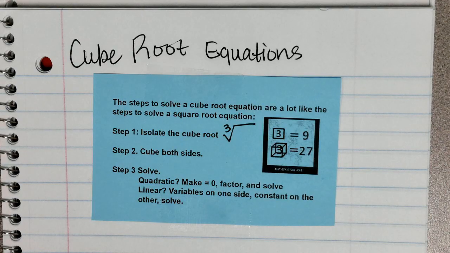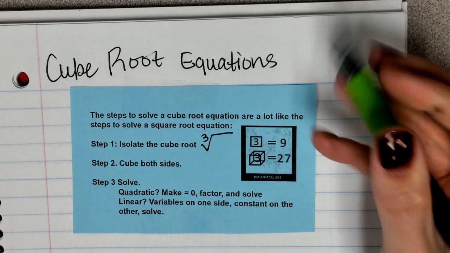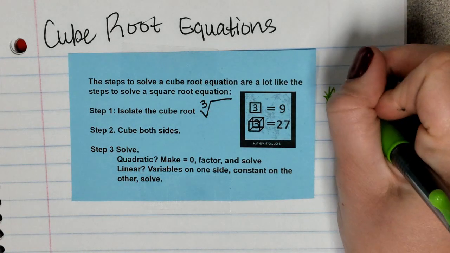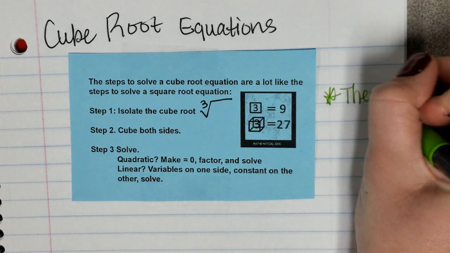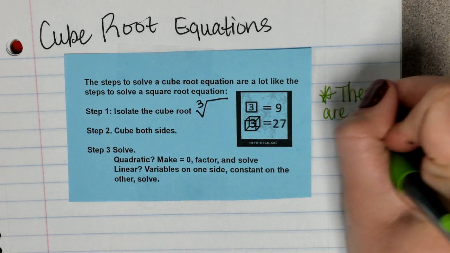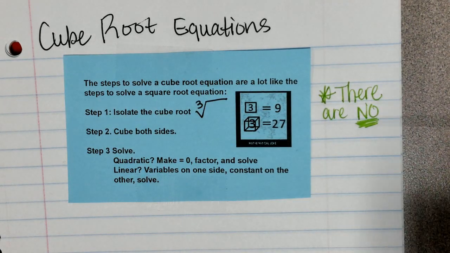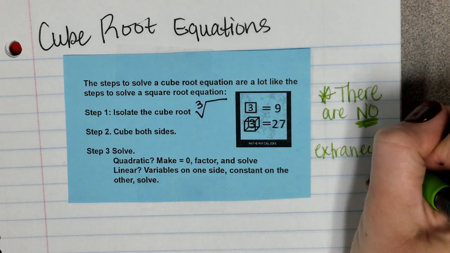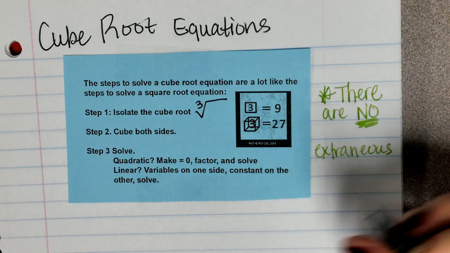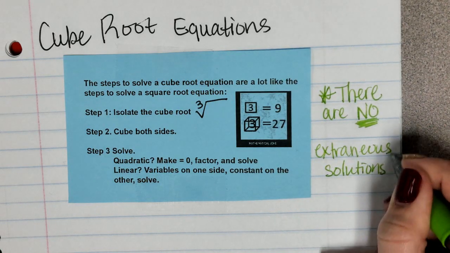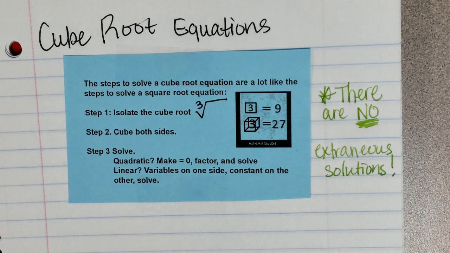Now there's one super important thing that we have to remember, and this is a good thing. There are no extraneous solutions. So that means we don't have that step 4, that check step.